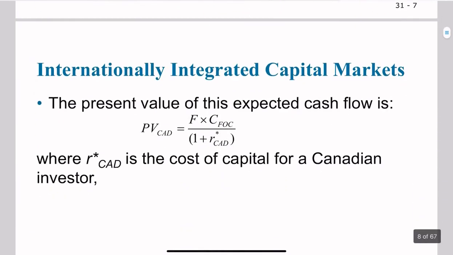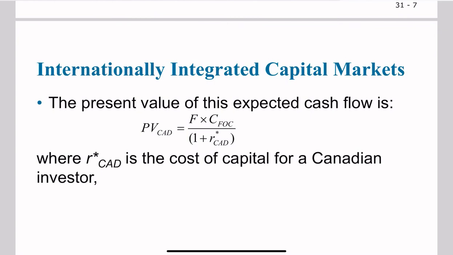And next, this Canadian investor will be able to discount this foreign cash flow, now denominated in Canadian dollars, into a present value denominated in Canadian dollars.